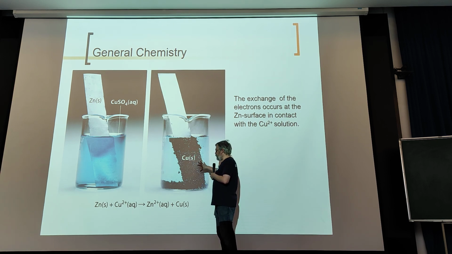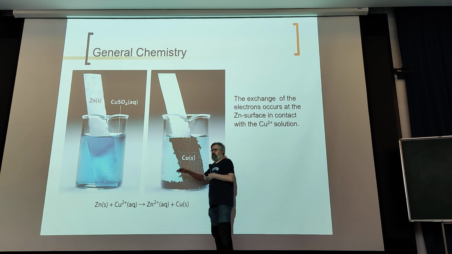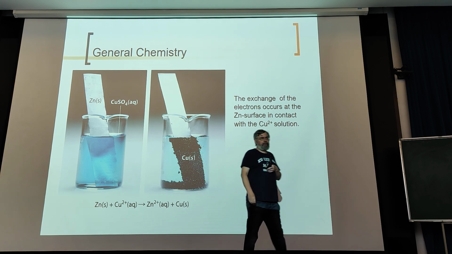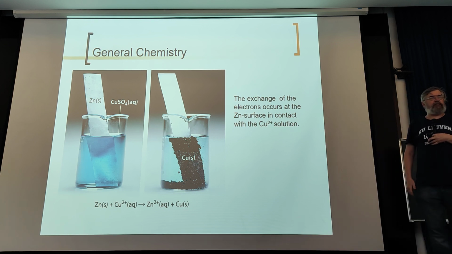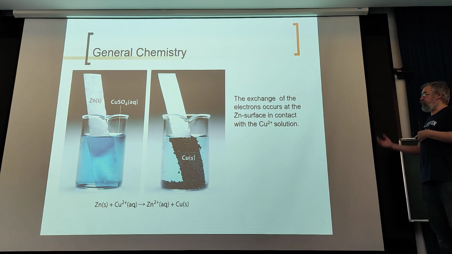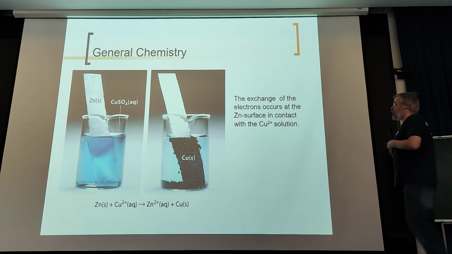Small particles of copper that are being formed at the surface of the zinc. And after some time you will see that it starts falling off, and they're actually gathered at the bottom. At the same time, zinc goes into solution, but zinc is colorless, so you can't really see that from the color. Just you see that the color is getting a bit less because copper is disappearing.